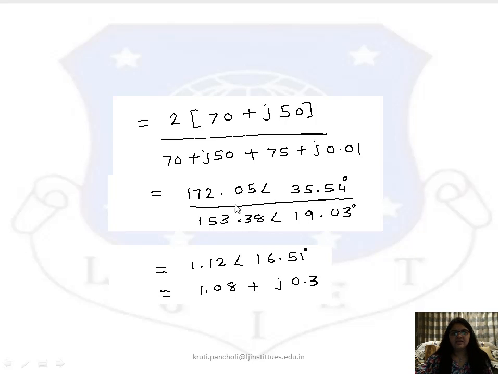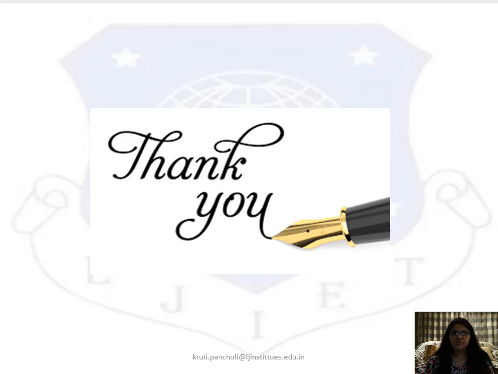Again, it is A divided by C and B minus D. You can have this answer by converting from polar back to rectangular. This way we can find the value of the transmission coefficient and the reflection coefficient. So this is about the transmission and the reflection coefficient. Thank you very much everyone.